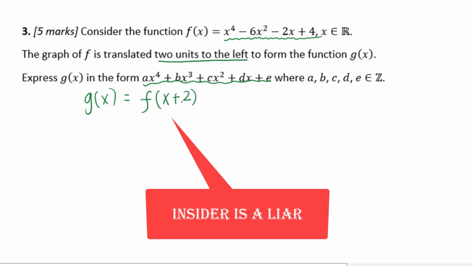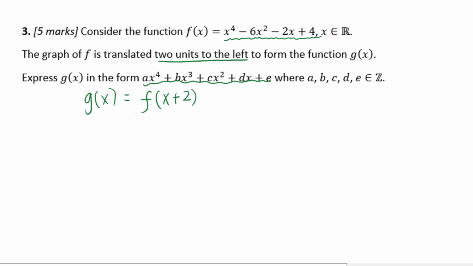For every single x in the f function, we will change it into x plus 2. So we get x plus 2 to the fourth power minus 6 times x plus 2 squared minus 2 times x plus 2 plus 4.